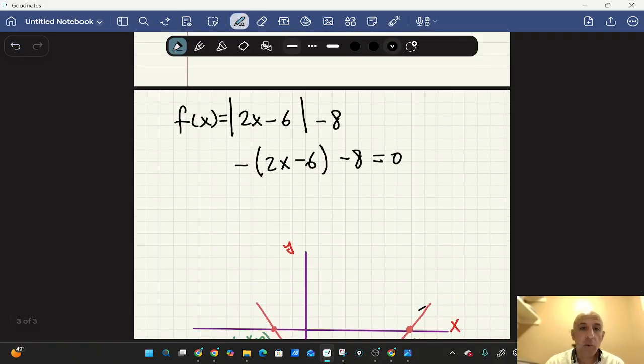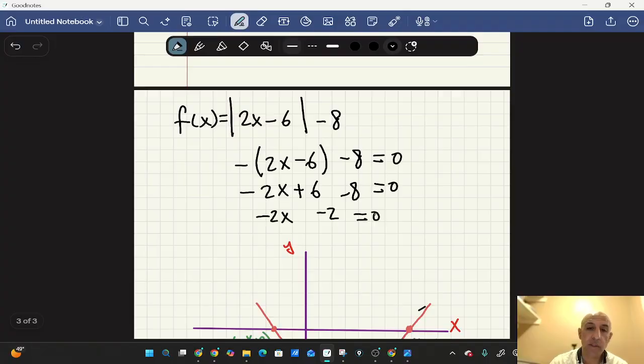So now we have negative 2x plus 6 minus 8 equals 0. Now 6 minus 8 is negative 2, so we have negative 2x minus 2 equals 0, and then negative 2x equals 2.